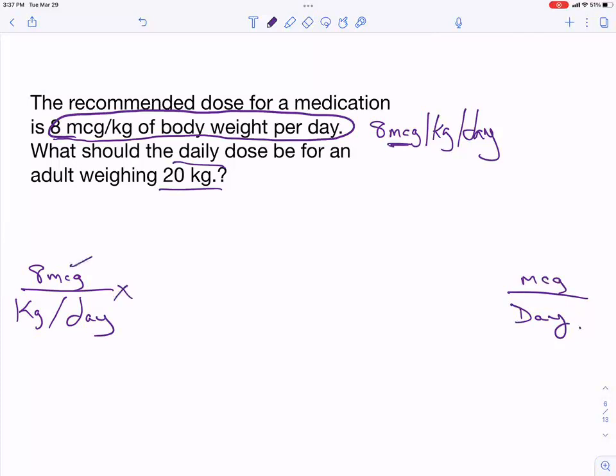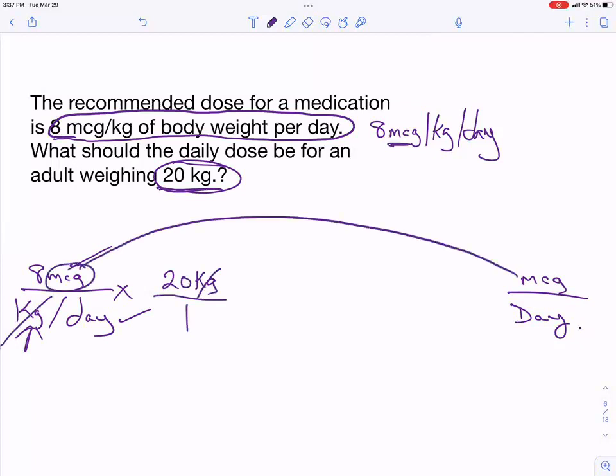Well, I have micrograms and I have the word day, so I just have to get rid of kilogram, and I use what's in my problem, 20 kilograms. I can put that over 1. That gets rid of kilograms. So now I have micrograms in my numerator and the word day in my denominator. So now it's just math.